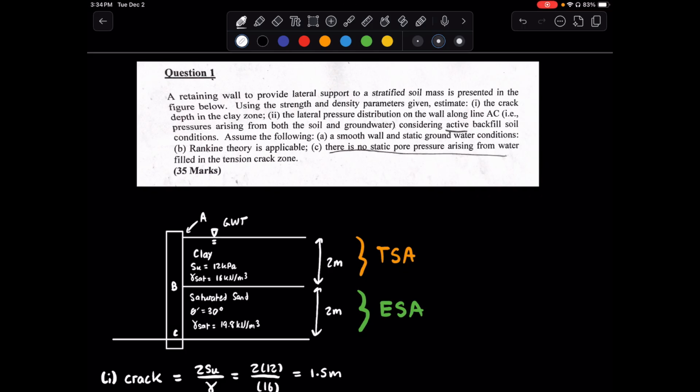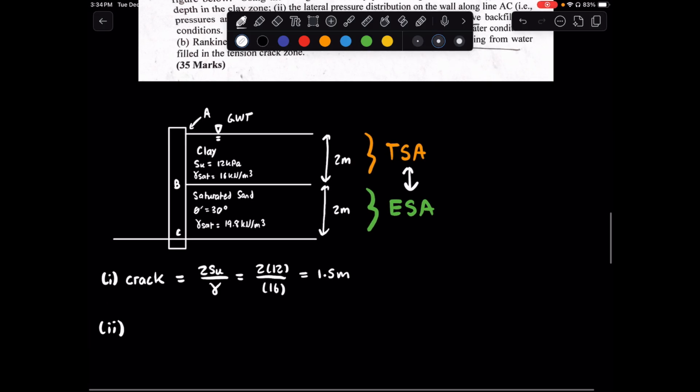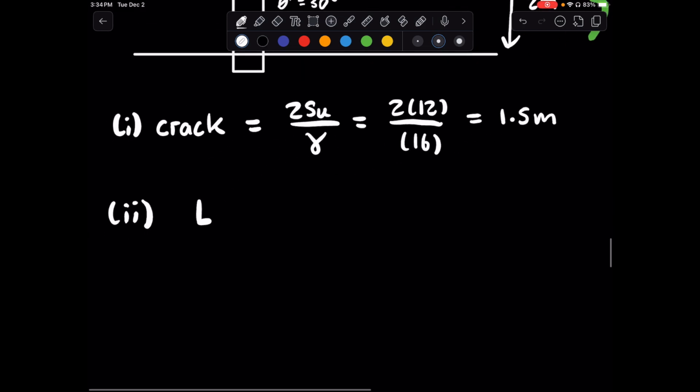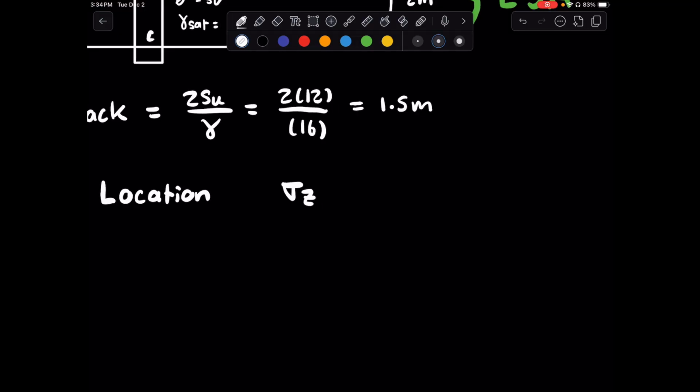Especially since we're split between TSA and ESA, the best way to do this is to make a table to split everything up. So let's start by asking, what do we need? We need our location. Next, what is the pressure there?